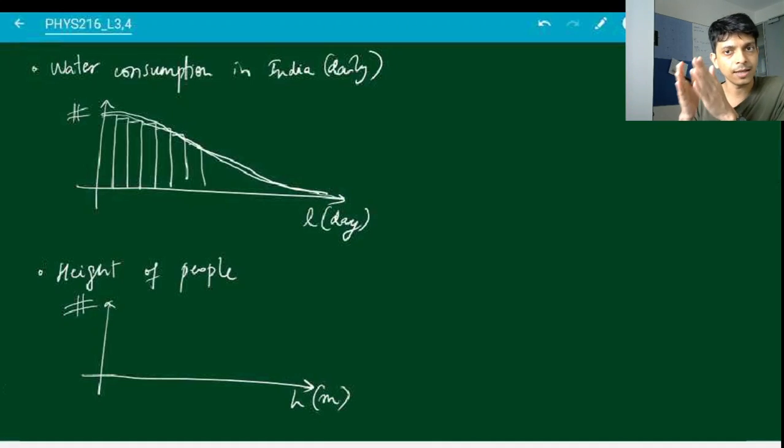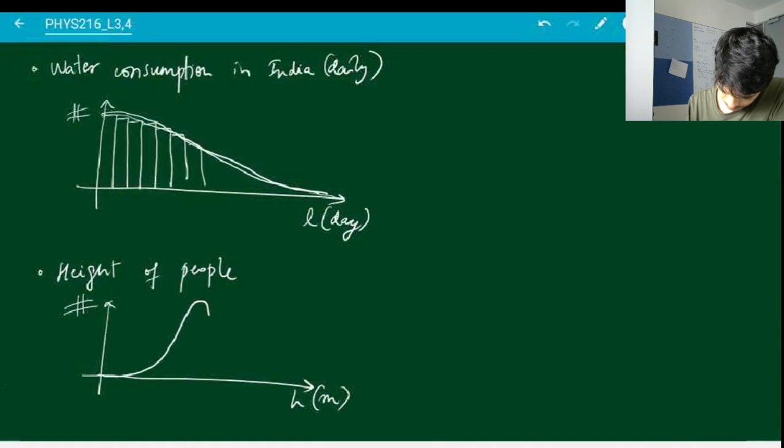As you go towards smaller heights, you have fewer people. As you go towards larger heights, again, you have fewer people. So most people will have some average height. Fewer people will be quite short or quite tall. So this curve might look like this, where this might be somewhere 160, 170, 180 centimeters.